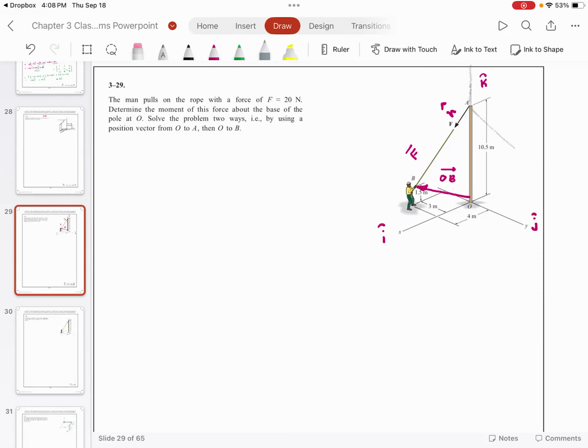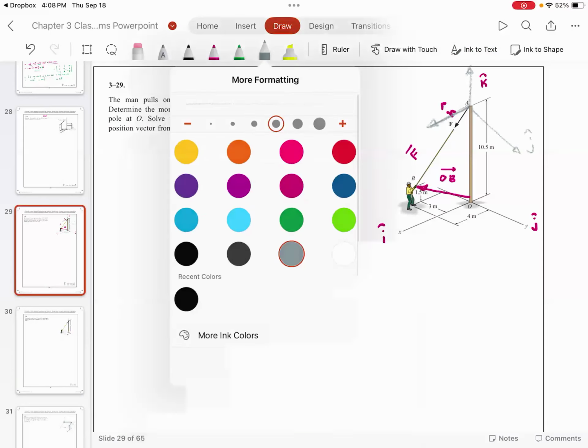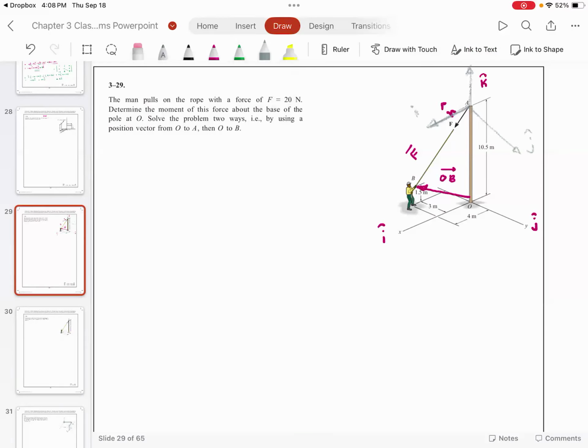Draw the coordinate system: this is j, k, and this is i. So you have j, k, and i.